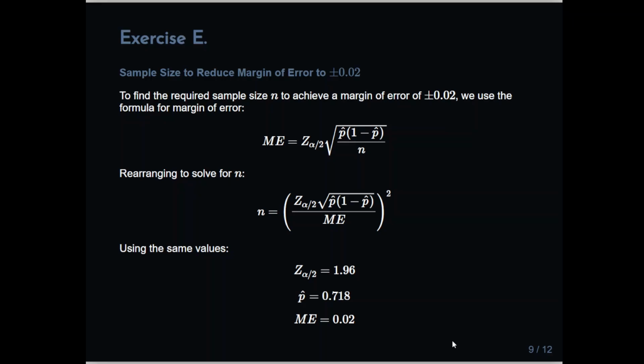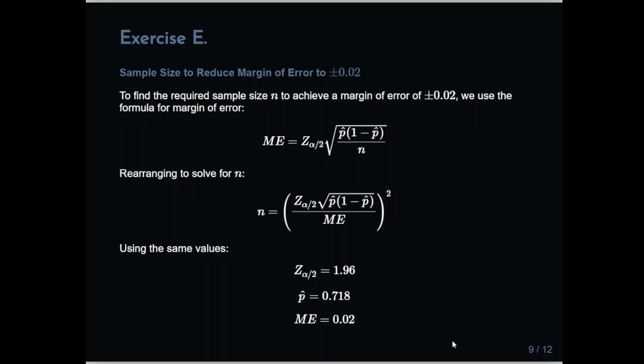To find the required sample size n to achieve a margin of error of plus or minus 0.02, we again look at the formula for margin of error. That is the quantile, the z-score, z of alpha divided by 2, times the standard error, which is the square root of p hat times 1 minus p hat divided by n. Okay.